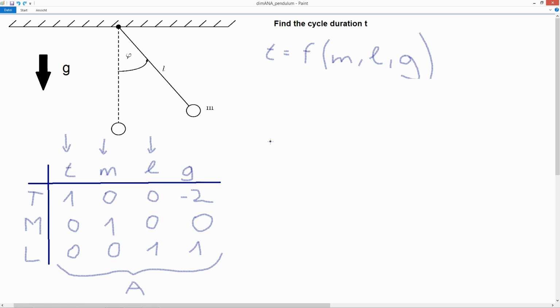Now we have to write the remaining column in our example, the column with G, so -2, 0, and 1, as a linear combination of the 3 picked columns. So this column, that column, and that column. So -2, 0, and 1, which is this column here, should be a linear combination of these 3 columns.